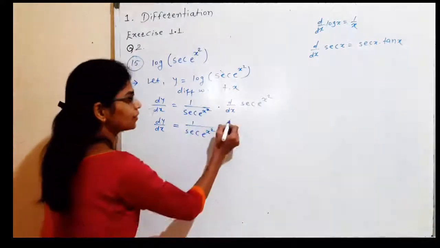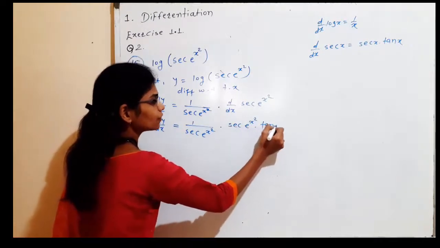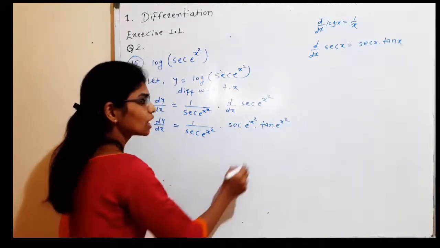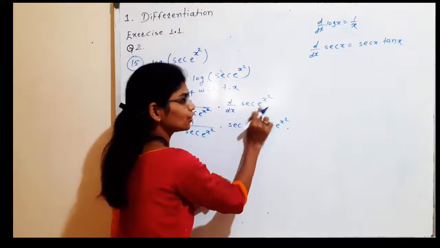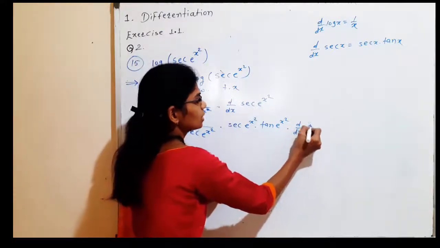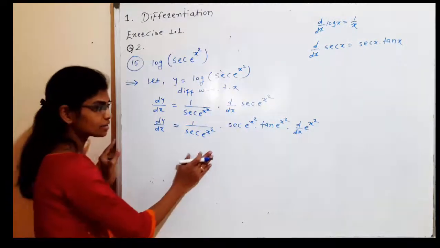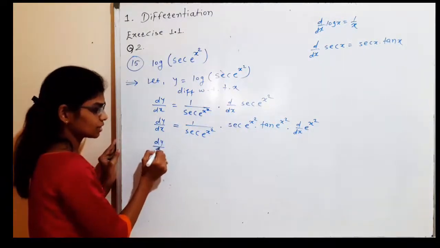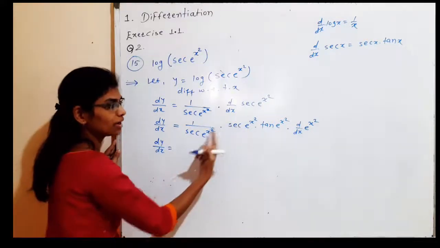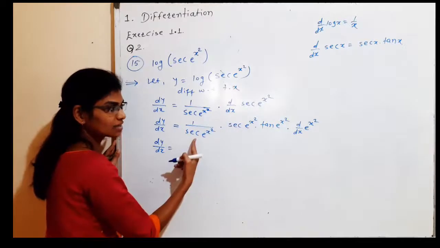Therefore its derivative is sec of e raised to x square multiplied by tan of e raised to x square. Again here we have to take the derivative for e raised to x square. At the next step, dy by dx is equal to, from the numerator and denominator, sec of e raised to x square gets cancelled.